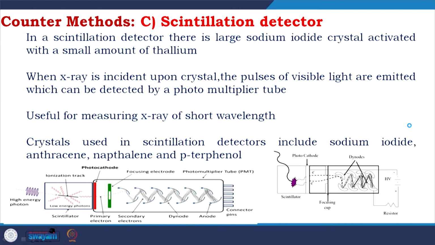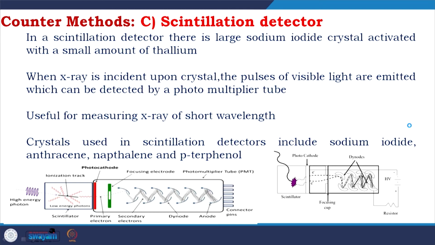Counter method 3, scintillation detector. In a scintillation detector, there is a large sodium iodide crystal which is activated with a small amount of thallium. When X-ray is incident upon the crystal, pulses of visible light are emitted, which can be detected by a photomultiplier tube. So, it is useful for measuring X-rays of short wavelength.